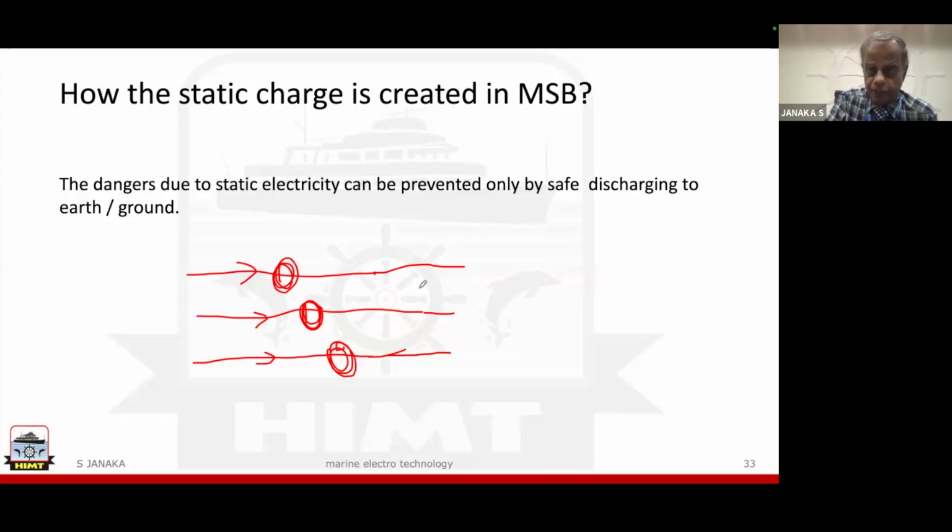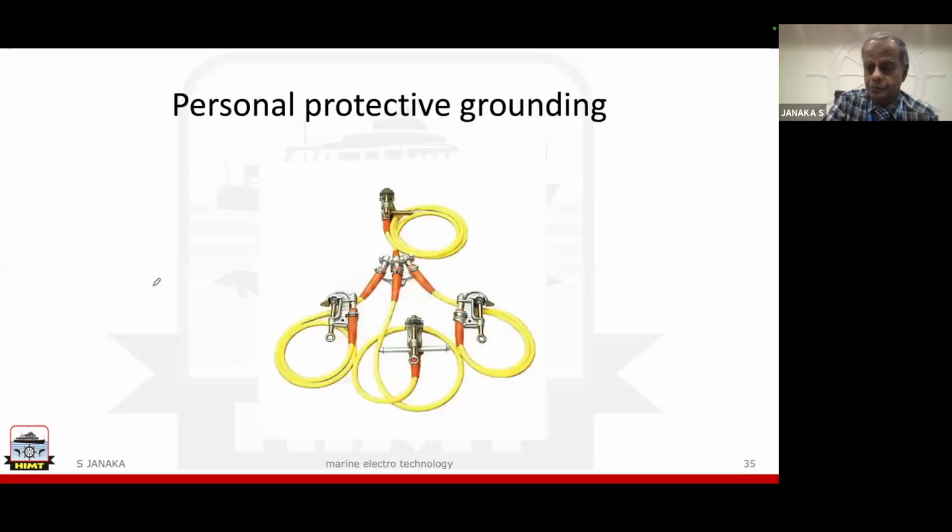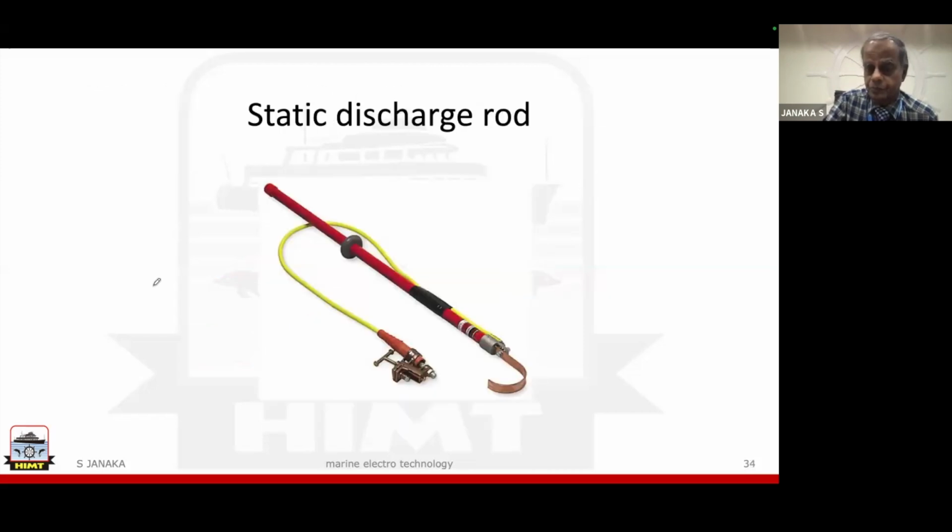So we have to discharge the static charges by using a portable grounding system. These types of static discharge rods are available on board the ship. You see the yellow cable. There's a clamp which can be grounded to the floor plate or angle, whatever is connected to the hull of the ship.